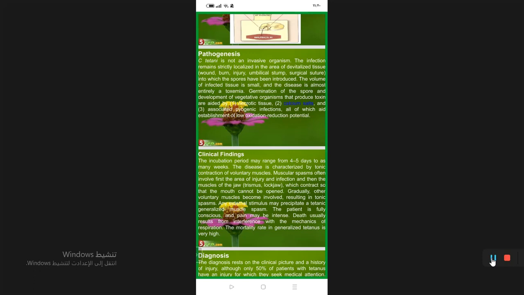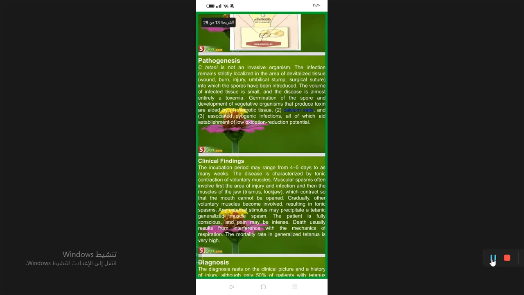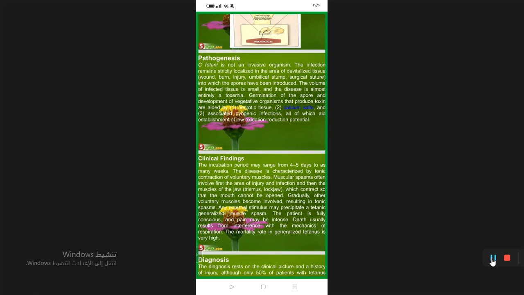Germination of the spore and development of vegetative organisms that produce toxin are aided by necrotic tissue. Why necrotic tissue? Calcium salt and associated pyogenic infection, all of which aid in the establishment of a low oxidation-reduction potential. So here we have necrotic tissue, calcium salt, and associated pyogenic bacteria.